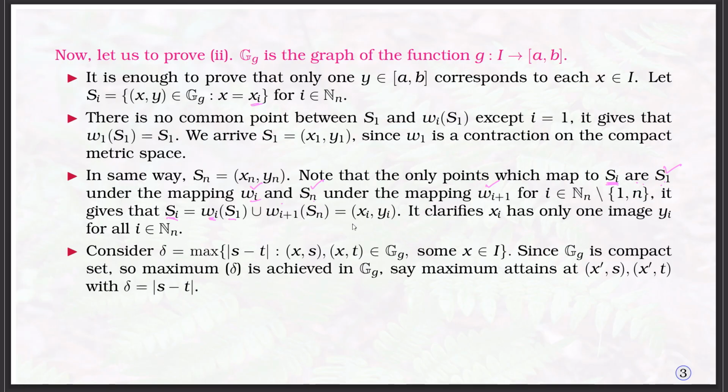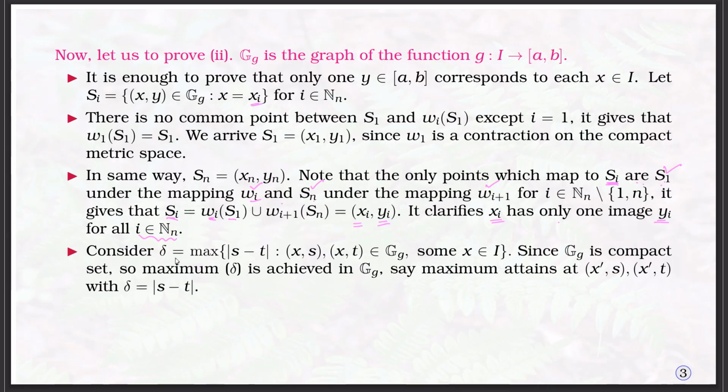W_i of S1 is x1 and this one is x_i. It clarifies that x_i has only one image y_i for all i belongs to n. Now, if you are taking x, it maps to only one y_i.